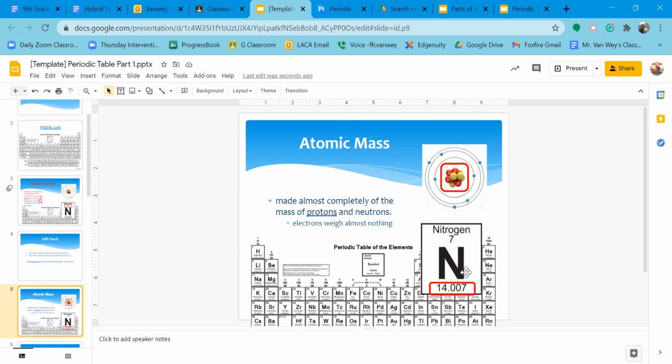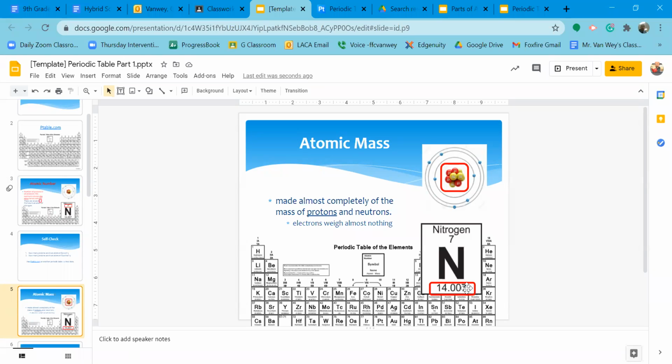This is the average atomic mass of nitrogen. If you pick an atom of nitrogen out of the air, okay, and you measured it somehow, a single atom, you would find that nitrogen probably had a mass of exactly 14. Okay, that is 14 protons and neutrons.